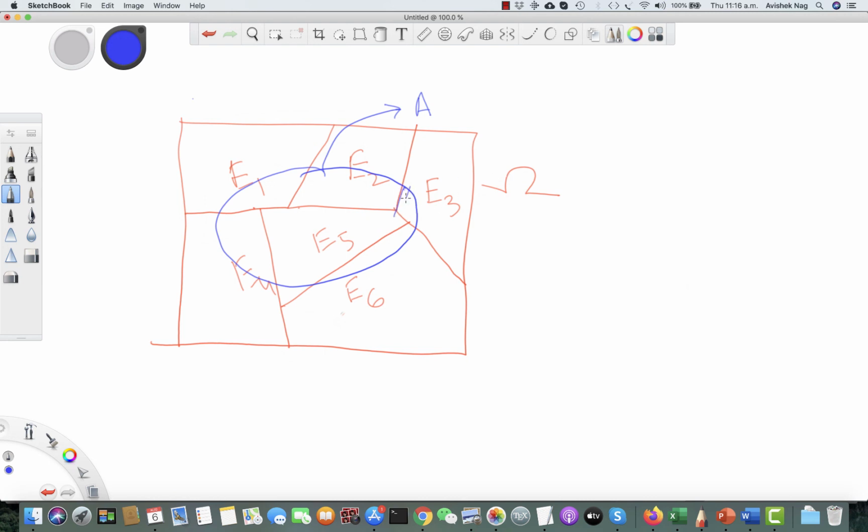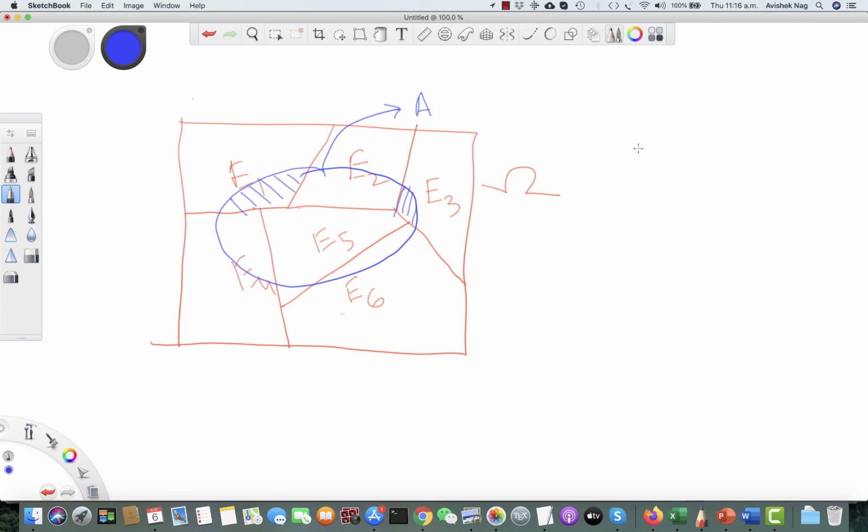Let me start with this one. This part is A intersection E1. This is the part of A and E1 that is common.